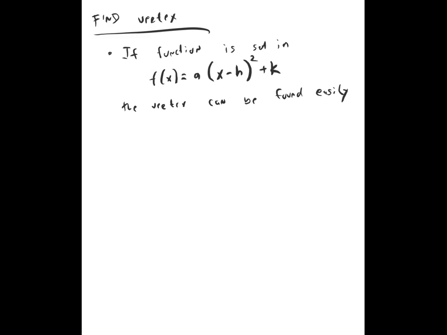If it's set in this form, we have no issue. This is the easiest way of finding the vertex. The vertex is an ordered pair, and our vertex here will just be the opposite of h, that's your x value, and then whatever specifically the k is.